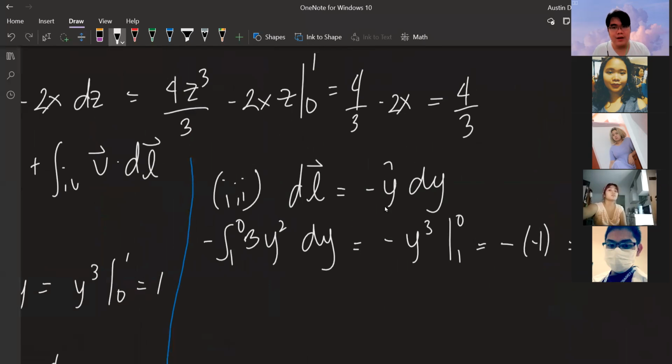Kapag line integral tayo, hindi mo na kailangan isulat yung direction mo dito. Pipili ka lang kung saan mo ilalagay yung direction mo. So, ang point ko is, pag sinulat ko na negative na dito sa una, dapat yung integral ko 0 to 1. Okay? So, that's my fault, no? Na doble ko pala yung pag-change ko ng integral.